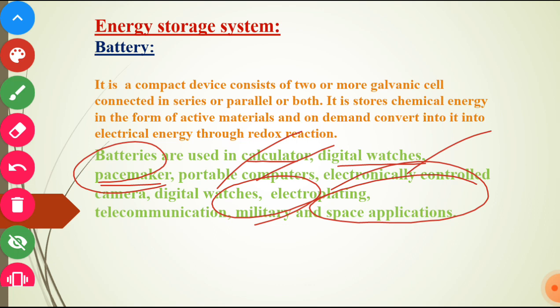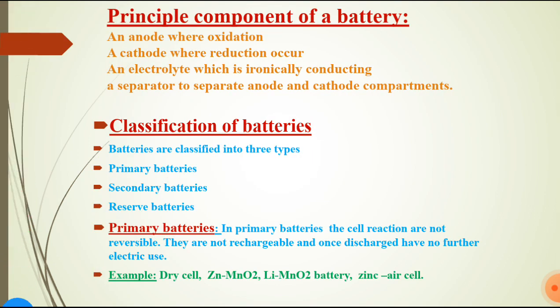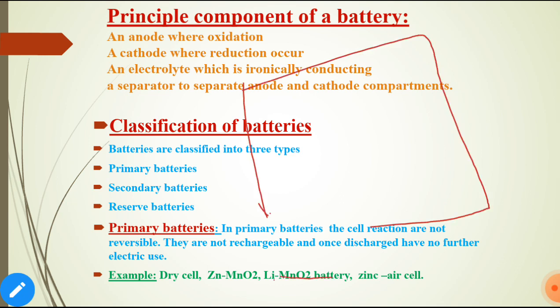Now let us see the principal components of a battery. Here we take an example battery consisting of an anode and a cathode. Oxidation takes place at the anode and reduction takes place at the cathode.